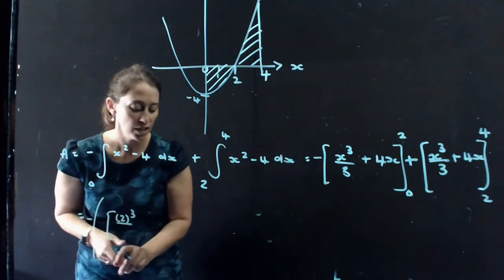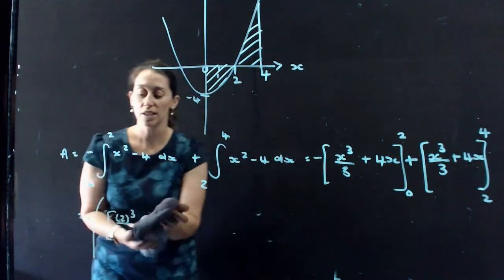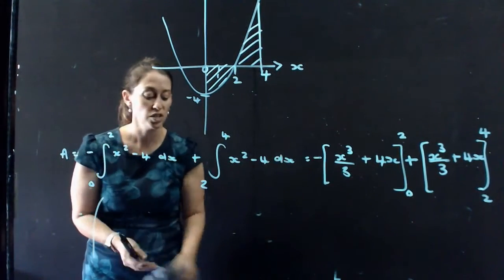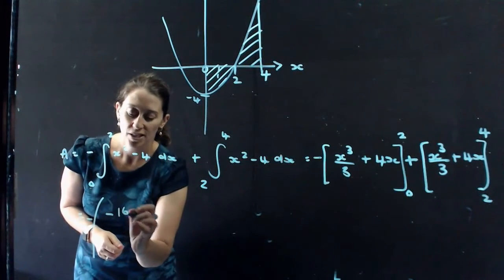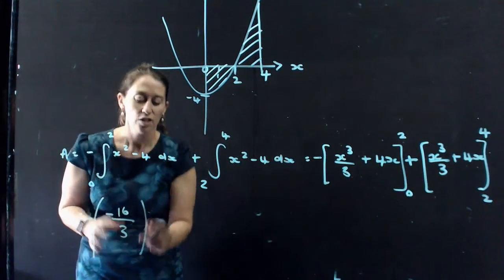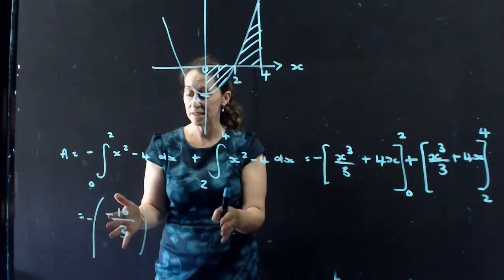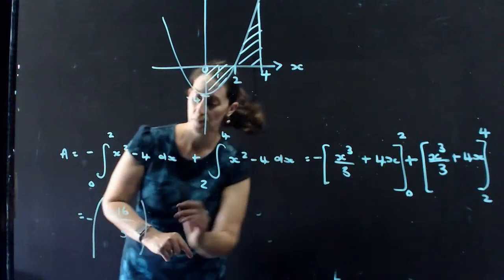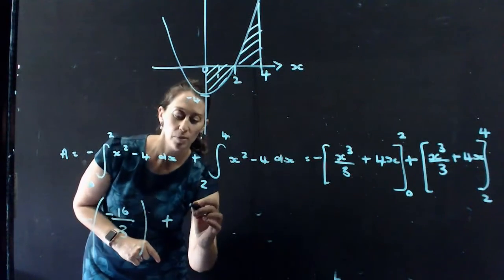Well, I could repeat this, but I know my answer is minus minus. Let's put a minus in front of it. So it's going to be minus 16 over 3, so I might as well put that in, seeing as I've already worked that bit out in the previous part. Save myself some calculations. Plus, and then we do this one.